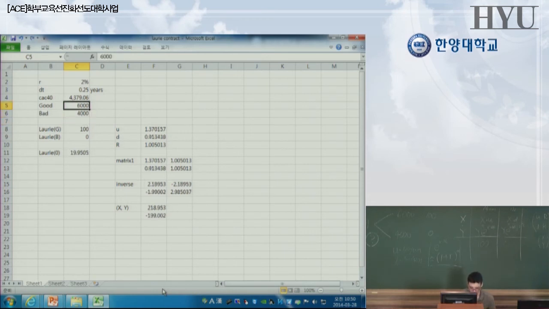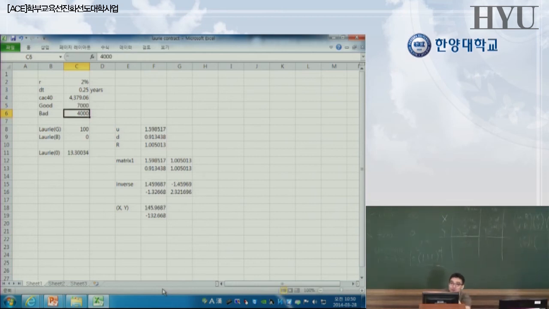Why is that? So let's do it one by one. If it becomes 7,000, why? The value of the option contract should increase. It's volatile increase, right?